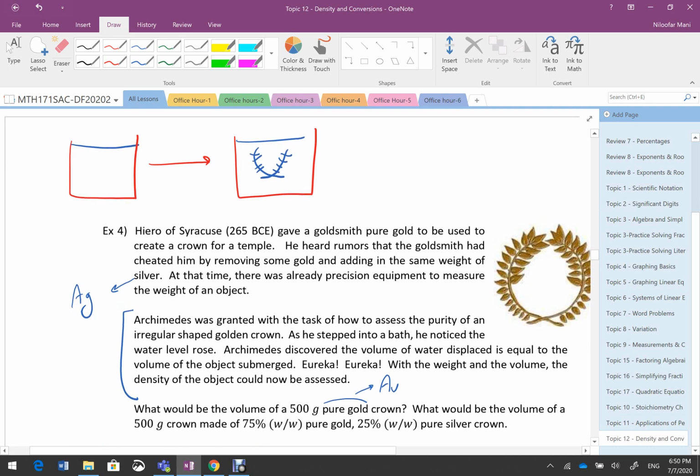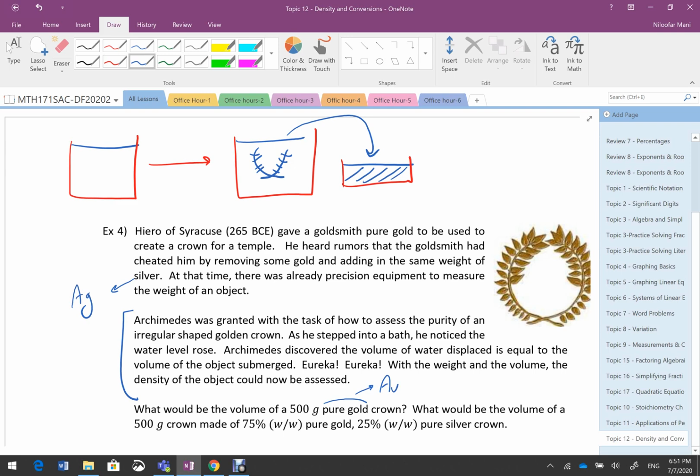So if we put the crown inside, some water will be removed from the container. This water, if we calculate its volume, will be the volume of the crown.